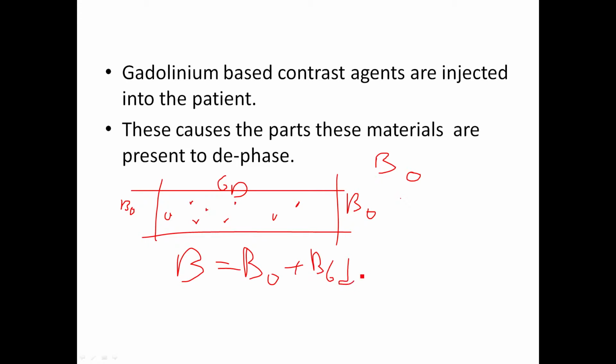This will cause the Larmor frequency to change, as the Larmor frequency is a coefficient times the present magnetic field. The Larmor frequency needed to excite the water molecules here will be different from here. This will cause dephasing, and dephasing will decrease the received signal strength in the areas where the gadolinium is present.